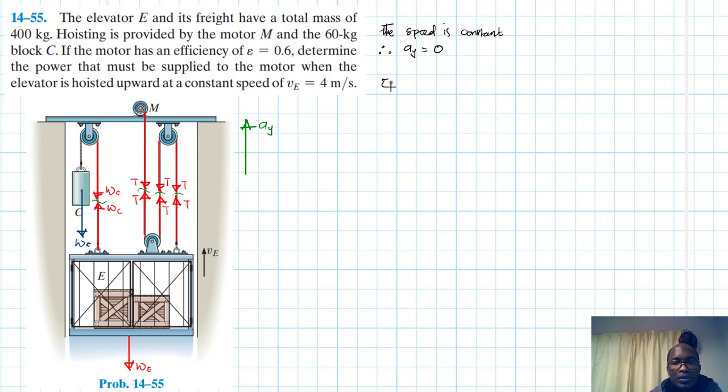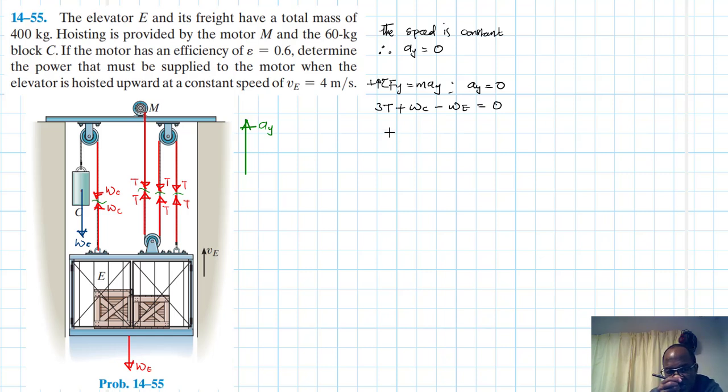So if we apply the equation of motion like so, we know that a_y is just equal to 0, going up in our reference. Then what we have basically here is 3T plus WC minus WE equal to 0.